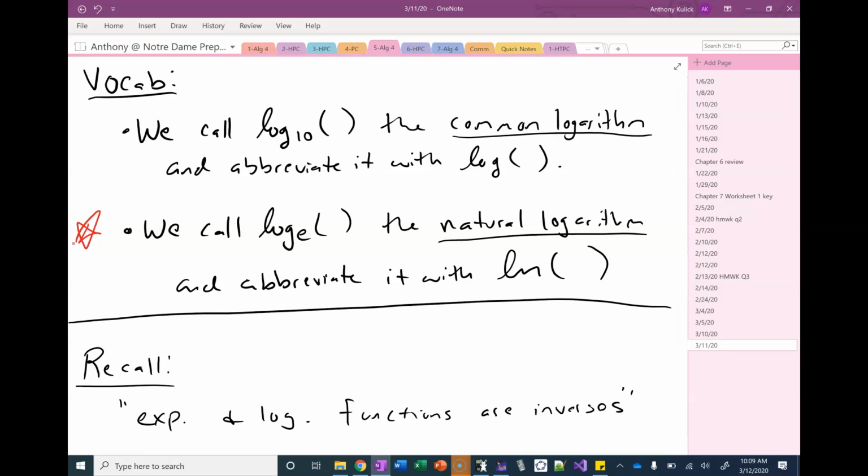So what is the base on the logarithm? ln? E. Very good. Everybody's okay with that? Remember that number e, 2.7, yada, yada, yada?